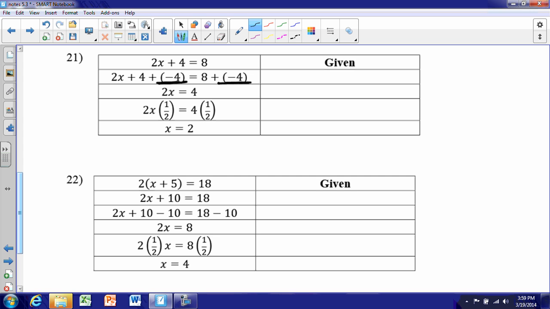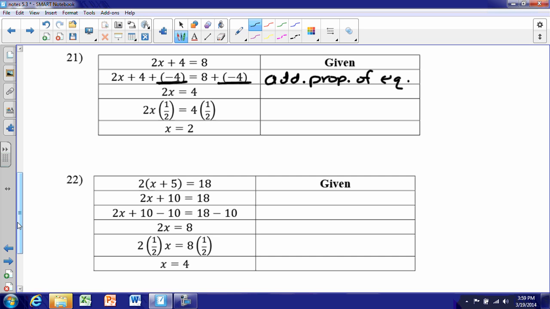But it's added to both sides. Anytime you do something to both sides, it is a property of equality. And in this case, it is the addition property of equality. And those abbreviations are okay.